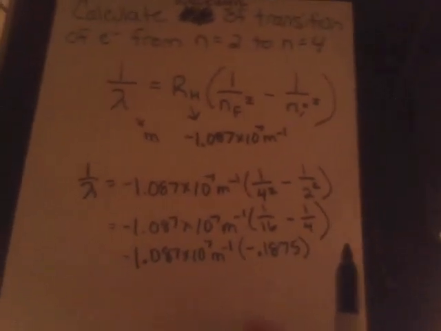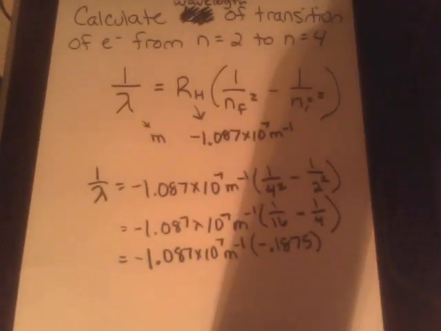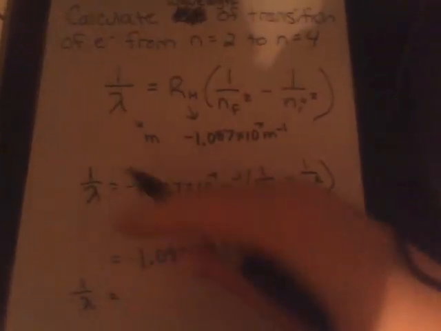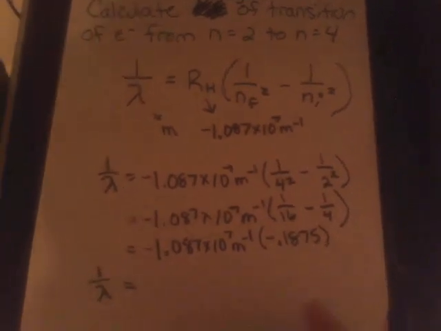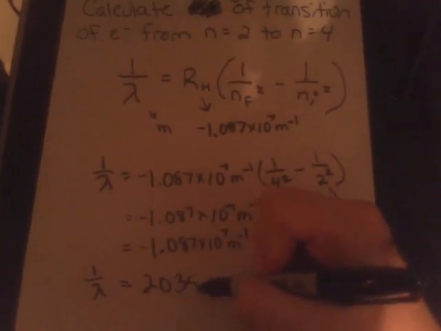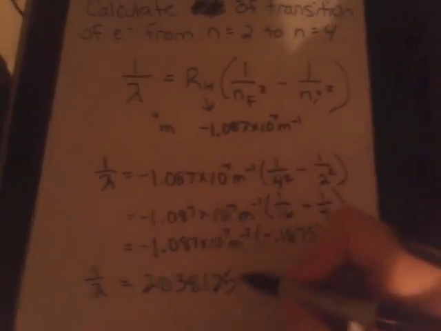Our negatives are going to end up canceling out logically, right? And once we multiply these two, we get 1 over wavelength is equal to 2038.125 per meter.